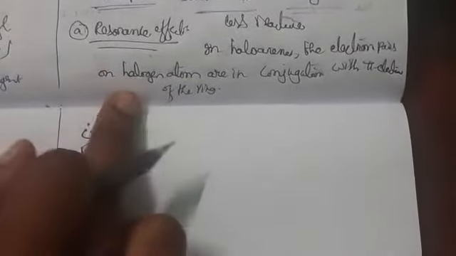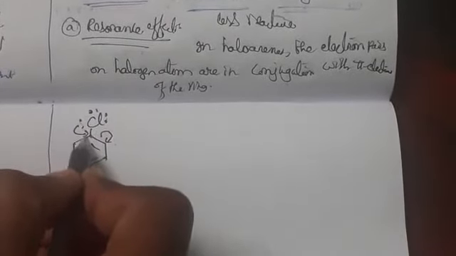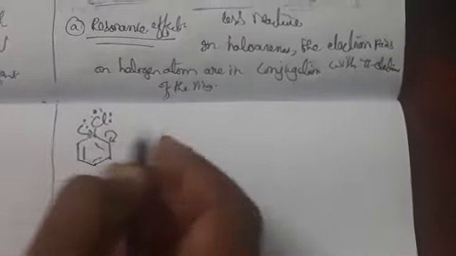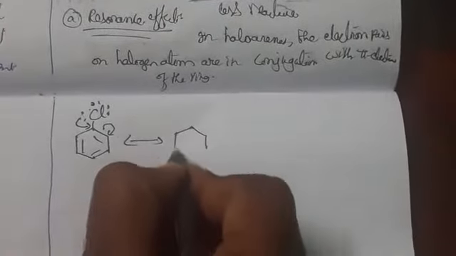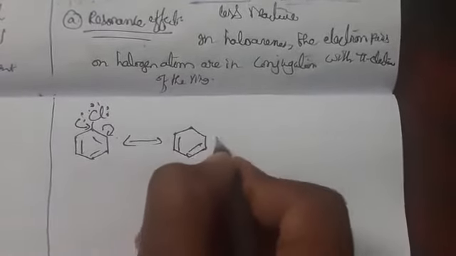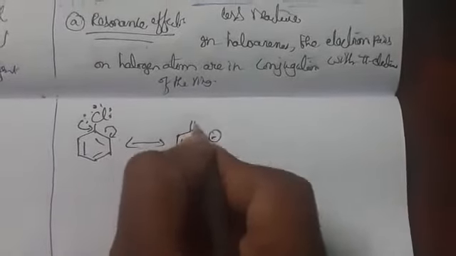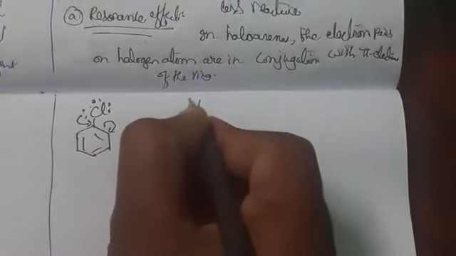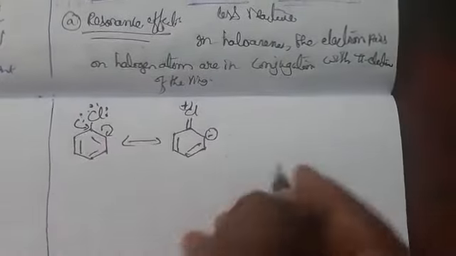Here you are getting a positive charge. This lone pair will form a double bond, and here it is going to get a positive charge, which will be shown with a double-headed arrow. So it is forming a double bond, and it is getting a plus charge.